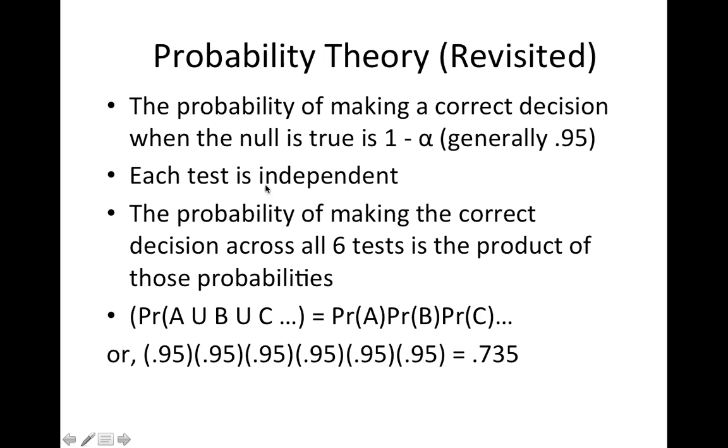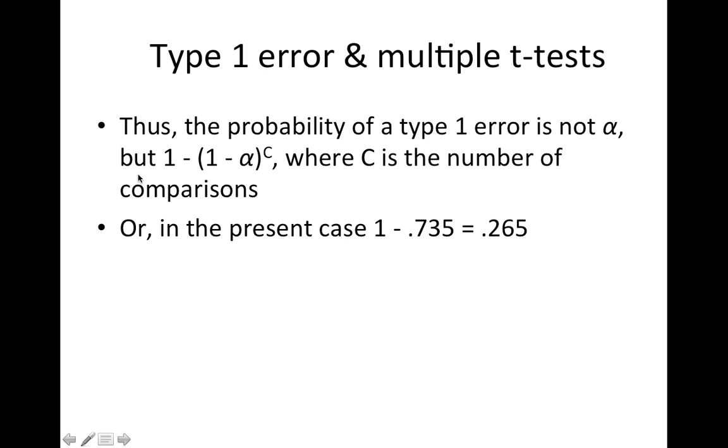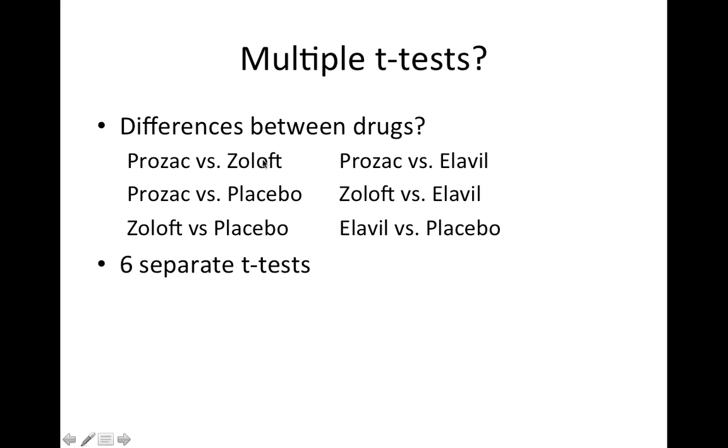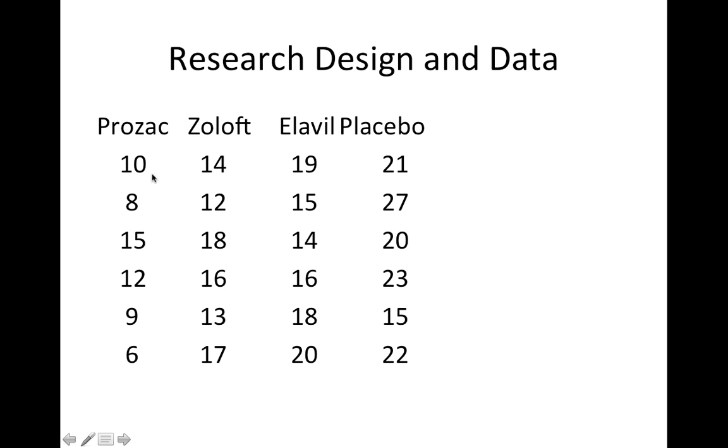And it turns out the problem is this assumption right here, this assumption that each test is independent. They are not independent because the data that we're using to compare Prozac versus Zoloft is the same data that we're using to compare Prozac versus placebo. These two comparisons are not independent because we're using the same data from the Prozac condition.